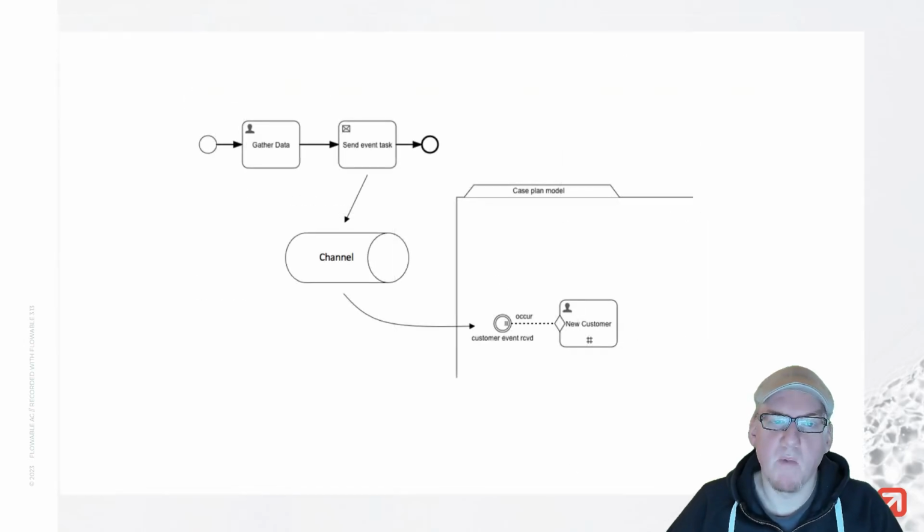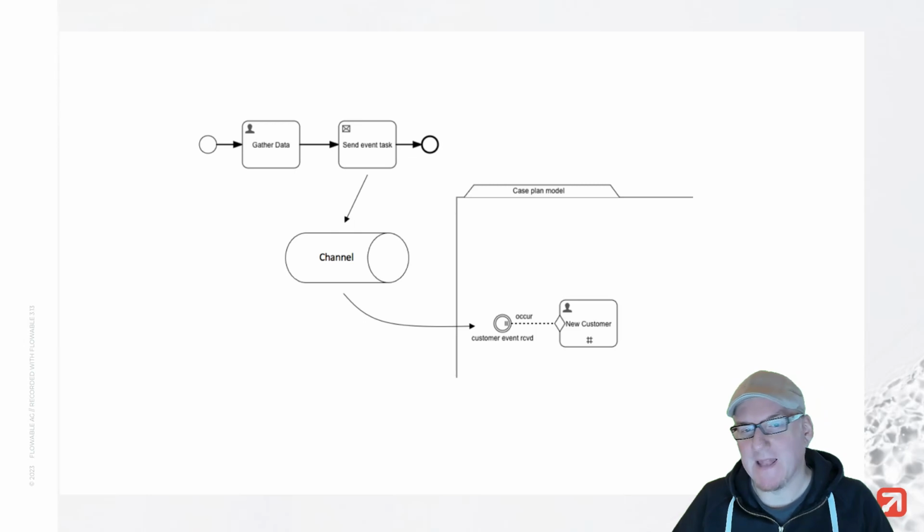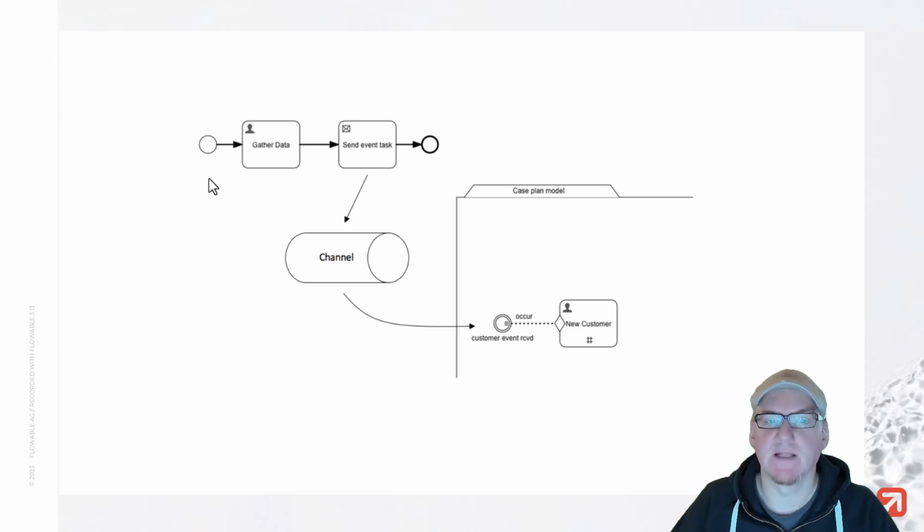So how do we model such an asynchronous communication now in Flowable? Our plan is to create two different models. One is a BPMN process model that will send out an event, and another is a CMMN case model that will receive an event.